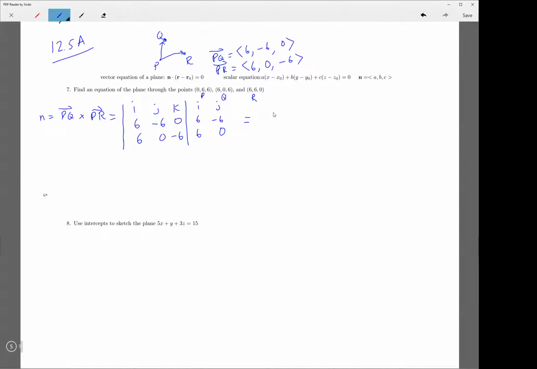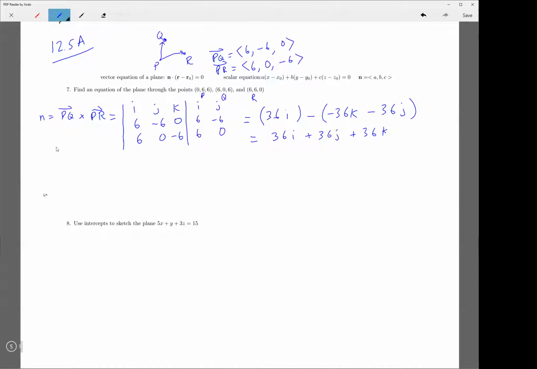Okay, so the cross product is going to be, you have 36i, and then 0j and 0k, minus, that's a -36k, and then 0i, and also a -36j. Oh, that's interesting. So we have 36i plus 36j plus 36k.